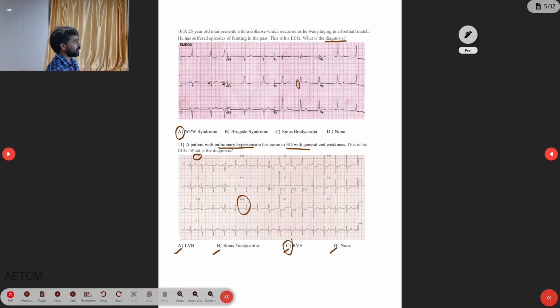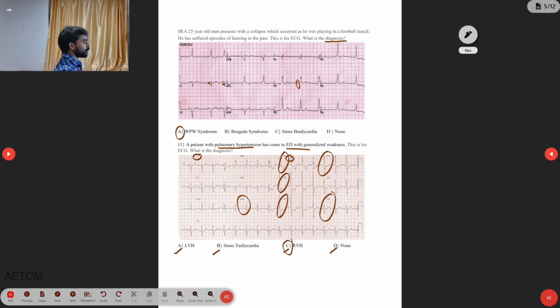And in leads V1, V2, V3, V4, you can see ST segment depressions along with T wave inversions. That is one finding. You can also see prominent R waves in lead V1, and prominent S waves in lead V6.